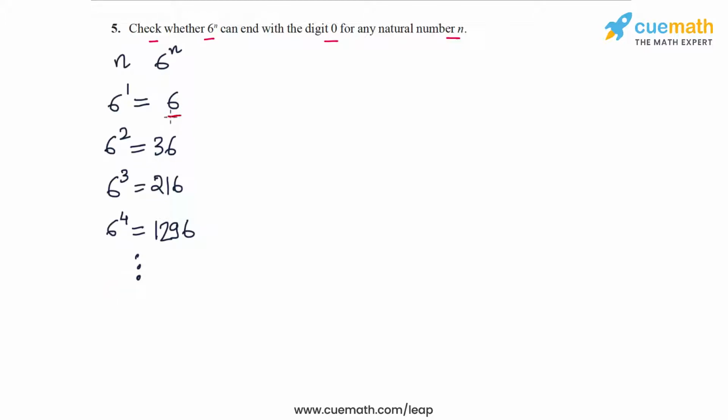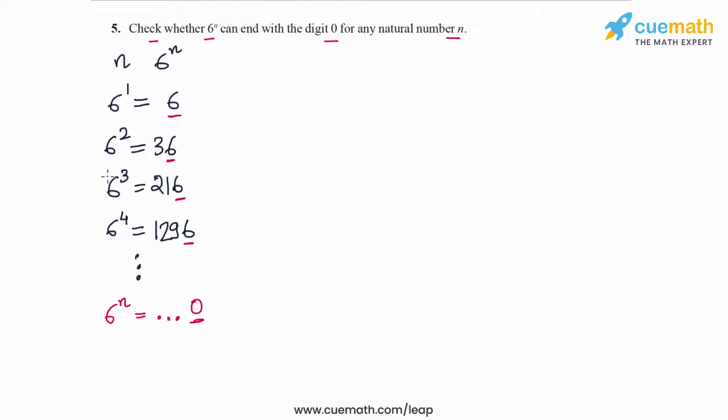We have 6, we have 36 whose ending digit is 6, then we have 216, ending digit is 6 again, and then we have 1296, ending digit is 6 again, and so on. So the question says, is there a power of 6 such that the ending digit of this number is 0? So this is what the question says.